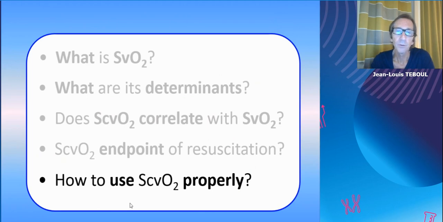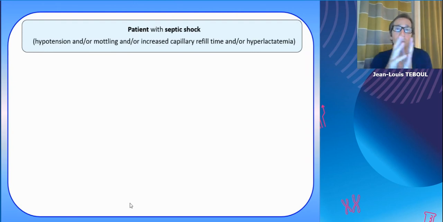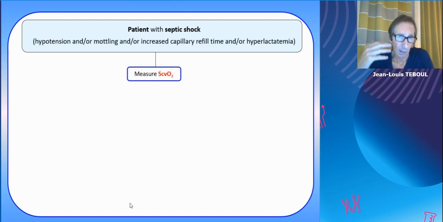So now, to use ScvO2 properly, I start with a patient with septic shock, with either hypotension and mottling, increased capillary refill time, or hyperlactatemia. So I recommend to measure ScvO2.